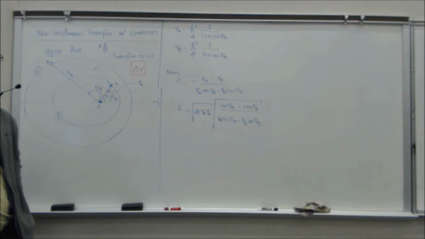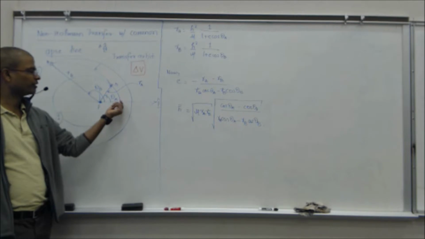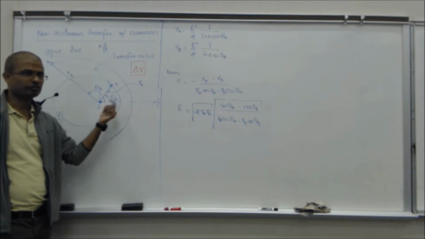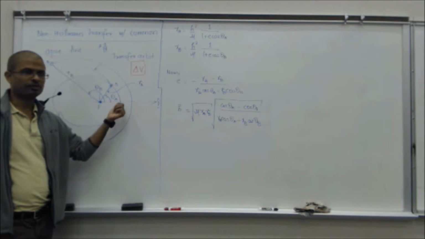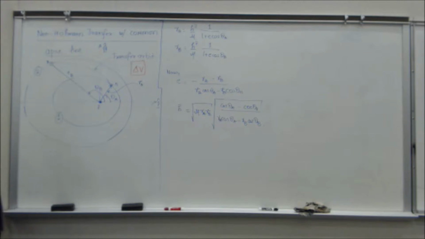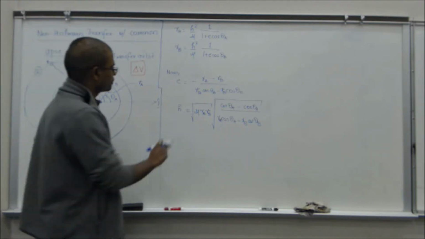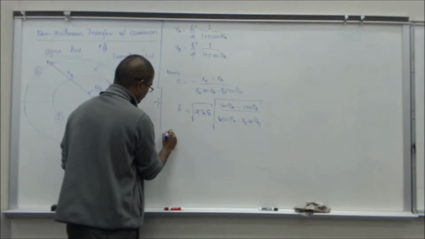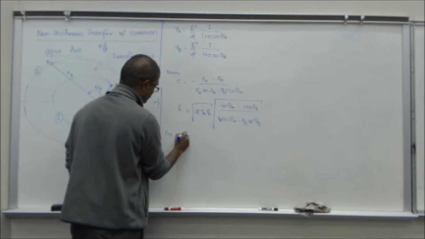It's 0. It's initiated here, right? So what is theta A? 0. It's initiated at the periapsis, right? So what is theta B for Hohmann transfer? 180, right?